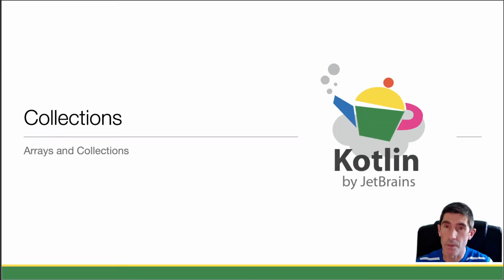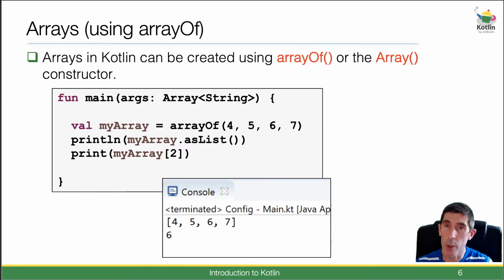Okay, so to talk about arrays and collections, here we have a little example of where we can use the arrayOf function to create a particular array. If you see down here, I'll just highlight it for you.